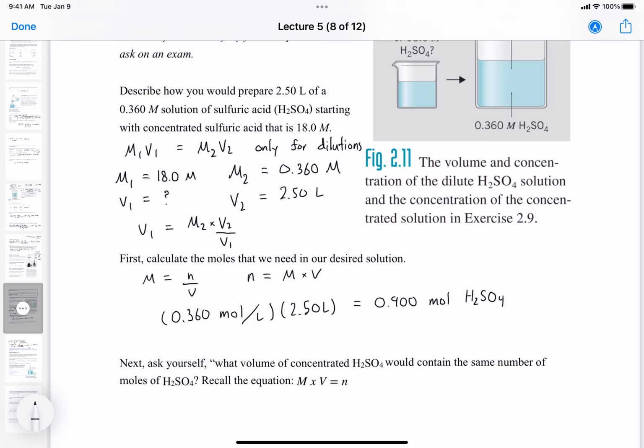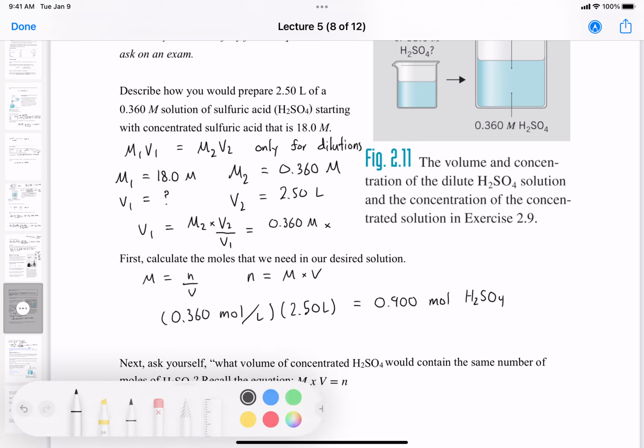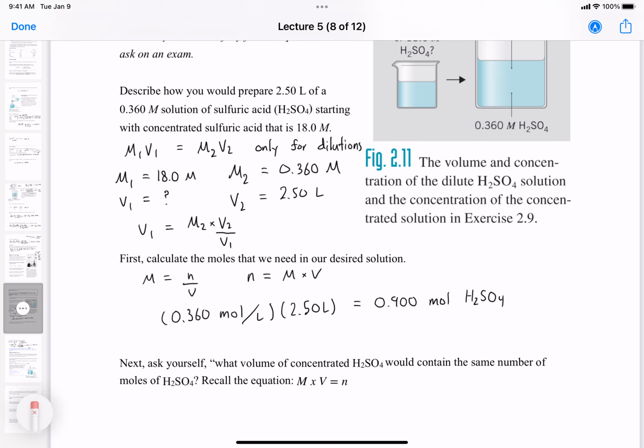over M1. Okay, so we can represent this as a factor of volume, that our molarity is going to decrease by the factor of the volumes. Okay, so in this case we have 0.360 molar times V2, oh sorry, I meant this the other way around.